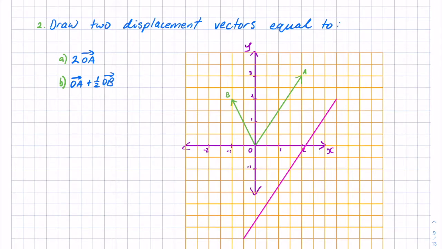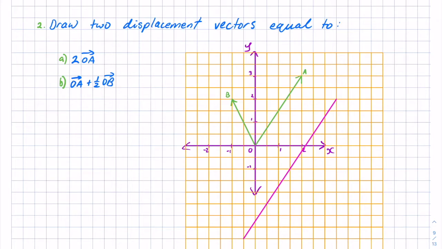We can see here that goes 8 squares across, but remember each square here counts for 1. So 1, 2, 3, 4 across, and 1, 2, 3, 4, 5, 6 up. So I did draw that correctly. That one was a little bit tricky, so I needed to be a little bit careful.